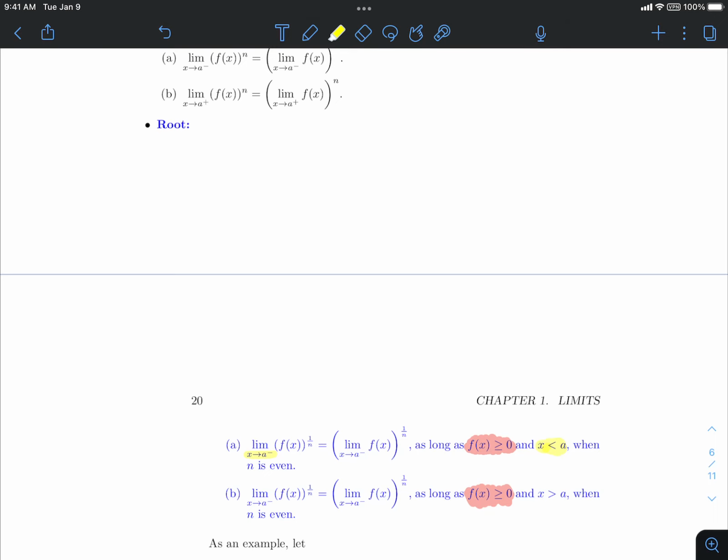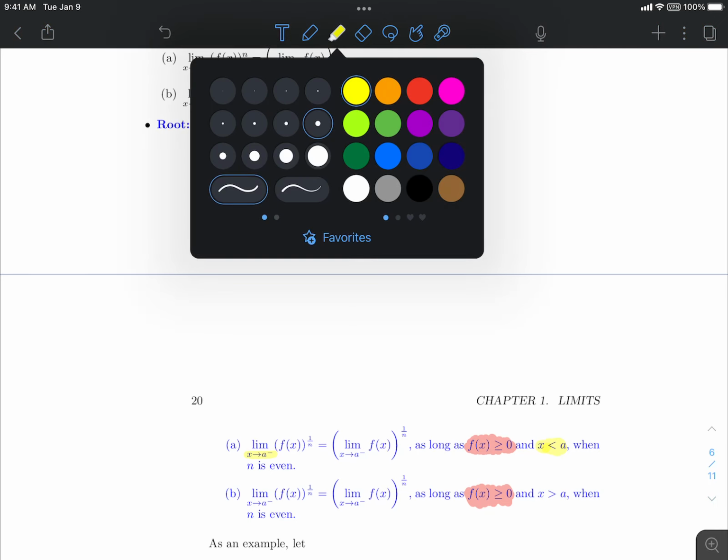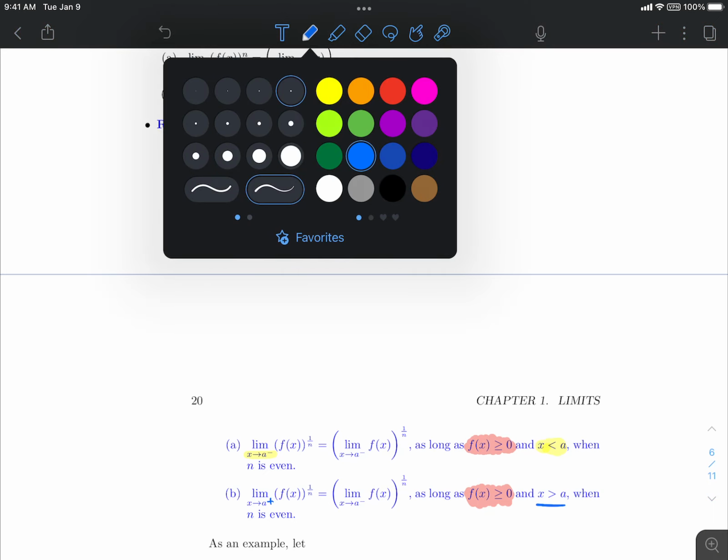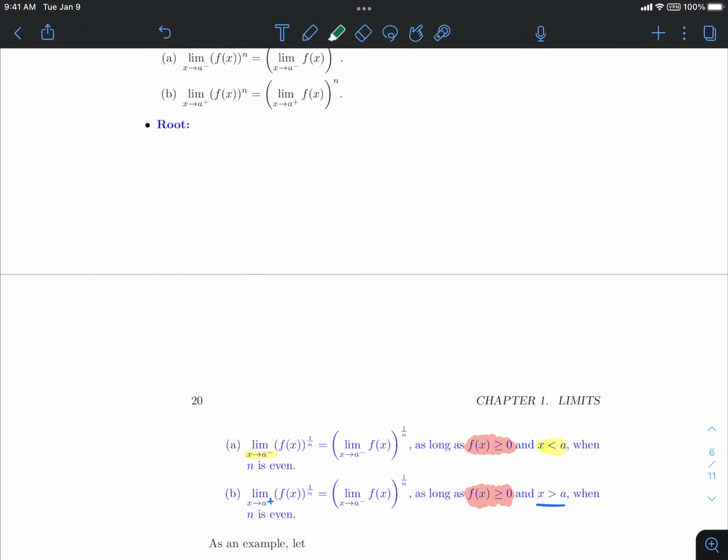And when x is approaching from the right, there's a typo there, that's supposed to say from the right, and x is bigger than a. So what I'm trying to say is when x is close to a, but bigger than a, then you have to make sure that f of x is non-negative for x bigger than a and near a.